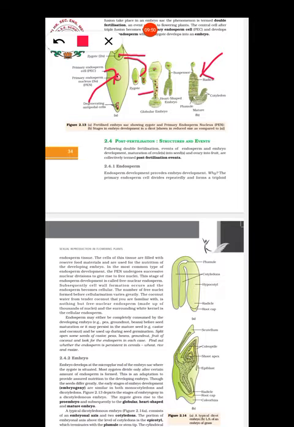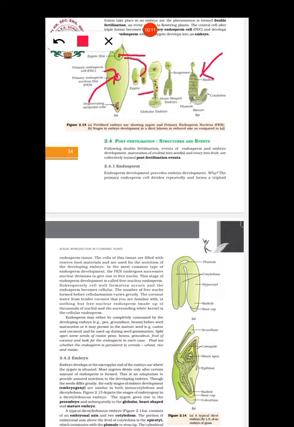So all these changes, that is, after the double fertilization, events of endosperm and embryo development, maturation of ovules into seeds and ovary into fruits, all collectively we call as the post fertilization changes.